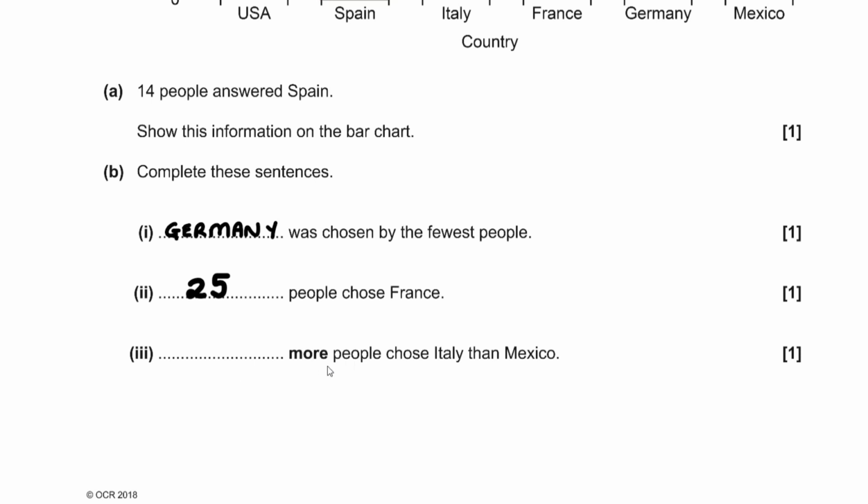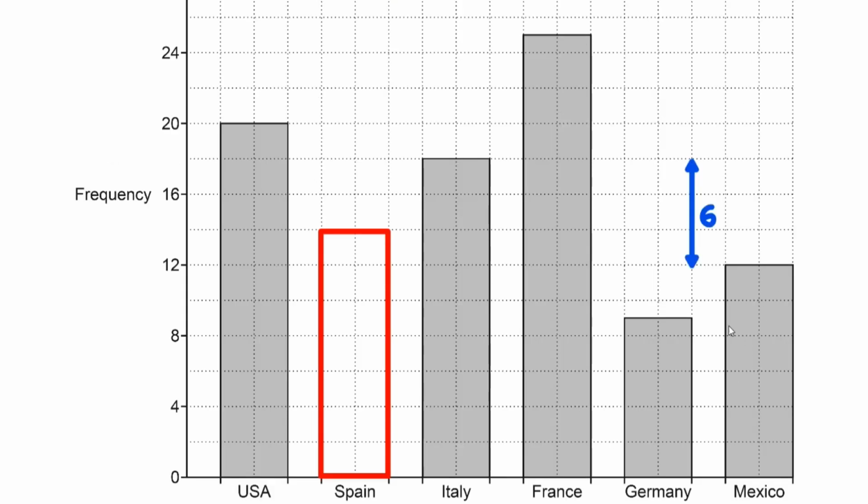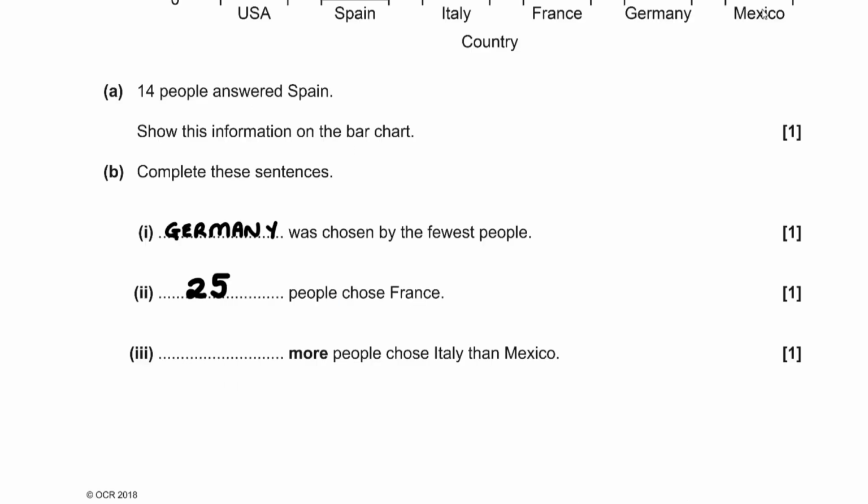Next, we have a certain number of people who chose Italy than Mexico. We require the difference between Italy and Mexico. We see that is 6. So we have 6 more people chose Italy than Mexico.